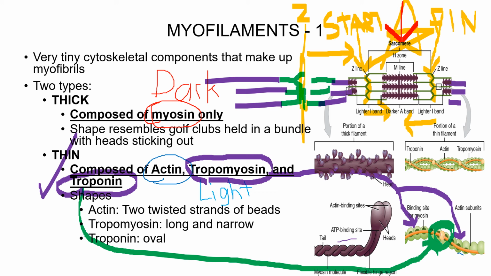Say we're trying to get into a gated community. You need to unlock the keypad, and then the gate will open. The gate is tropomyosin. That's the rope that's in the way. All it does is move back and forth, open, close. But in order to get inside of that gate, you have to unlock the keypad, and troponin is that keypad. So we have to unlock the lock, or distract the guard, to open up the gate.